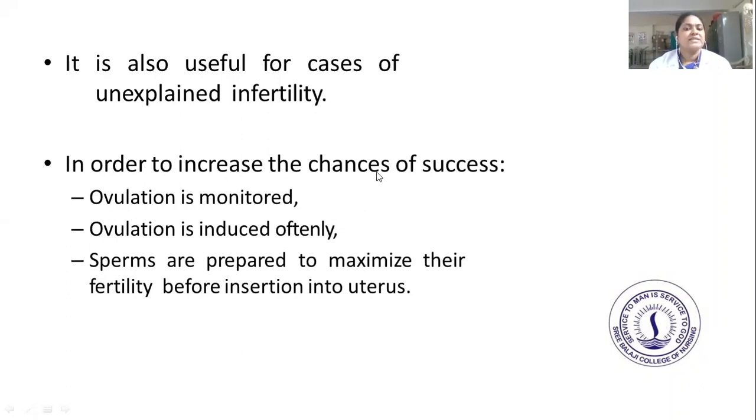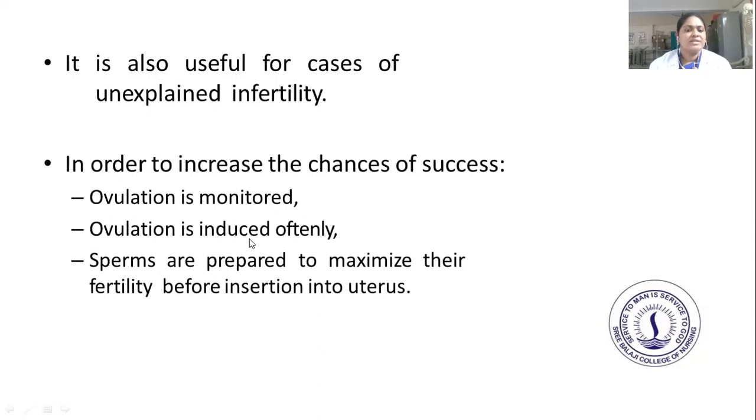In order to increase the chance of success, the interventions they have to do are, first, ovulation is to be monitored. So every day after the menses, after 10 to 14 days, when the ovulation period has started, it has to be monitored through a scan.